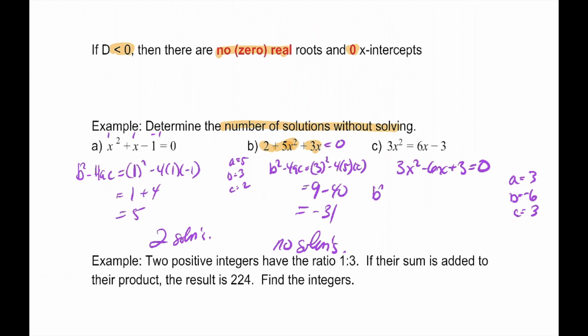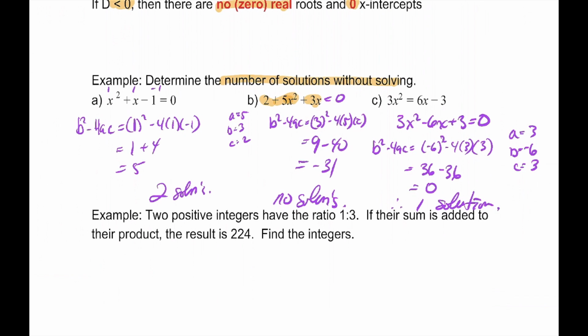So b squared minus 4ac is equal to minus 6 squared minus 4 times a, which is 3, times c, which is 3. So here we get 36, because negative 6 squared is 36, minus 4 times 3 times 3, so 4 times 9 is 36, which is 0, and therefore there's going to be one solution. Big surprise. One example of each.